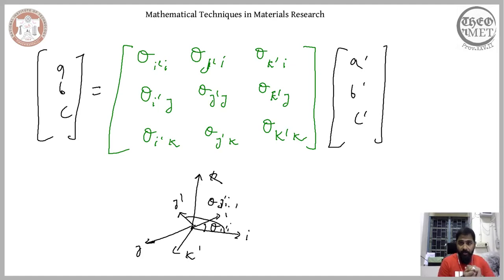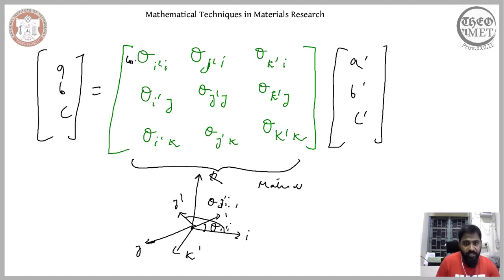In order to relate them, we ensure that these two vectors are equal. And when we want to relate the components of these vectors, we have to use this matrix here that includes all the cosines of the angles between them. So these are not just thetas, these are cos of the thetas.